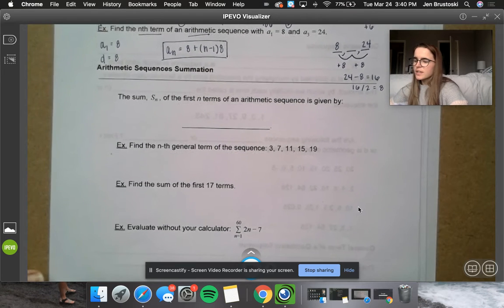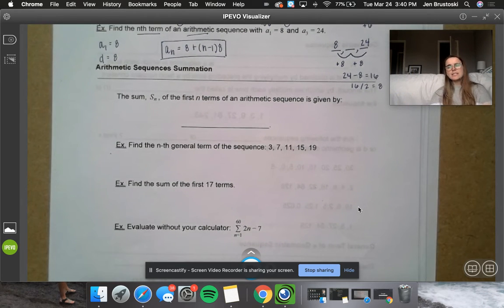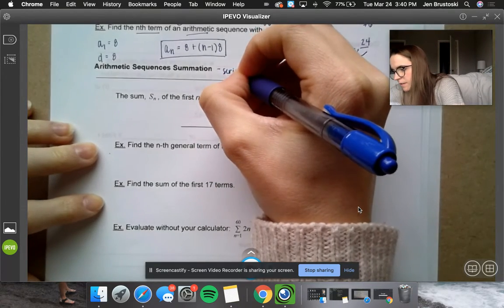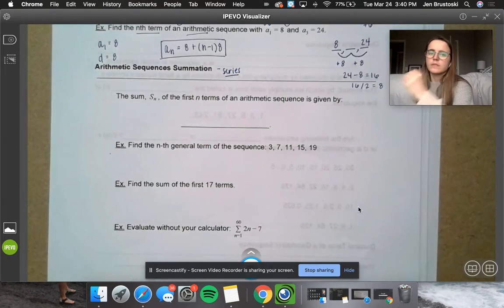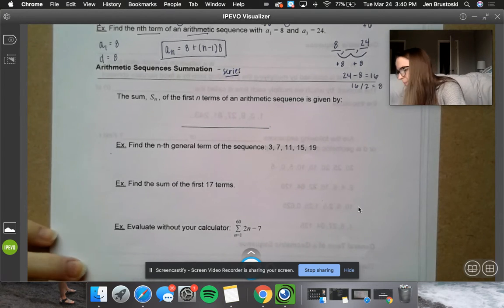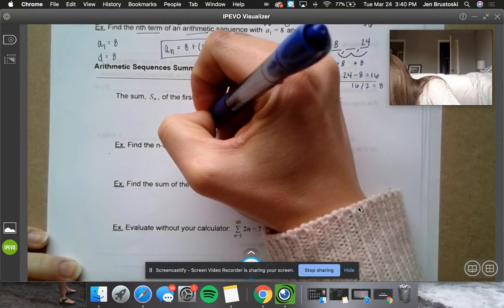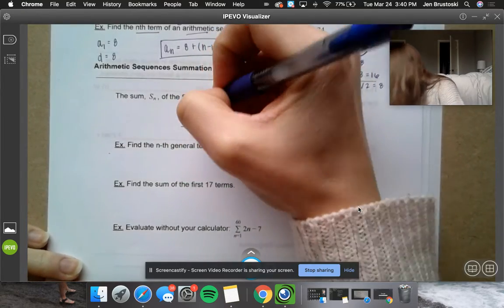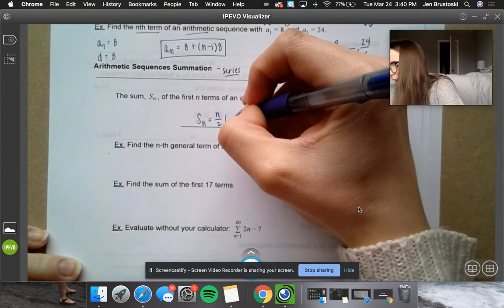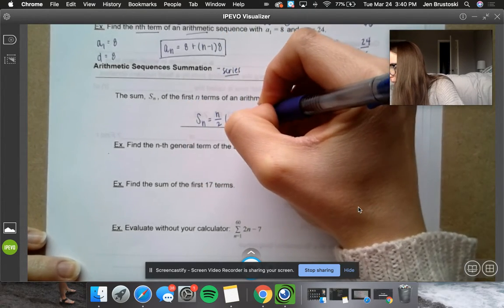Here's part 2. We're talking about arithmetic sequence summation. So remember, we call this a series. This is an arithmetic series. So the sum of the first n terms of an arithmetic sequence is given by S of n equals n over 2 times a sub 1 plus a sub n.